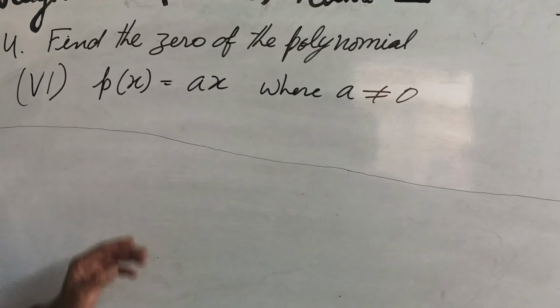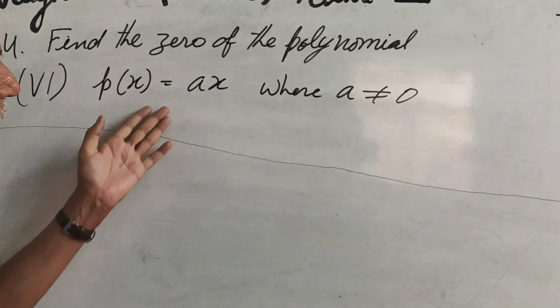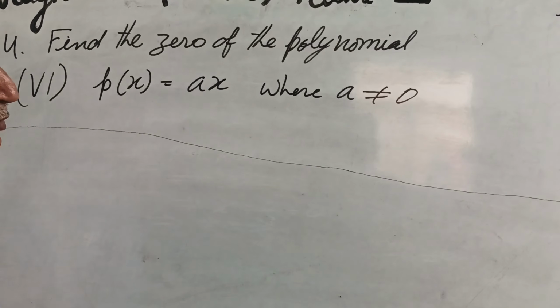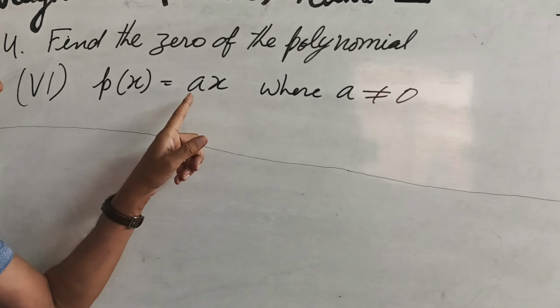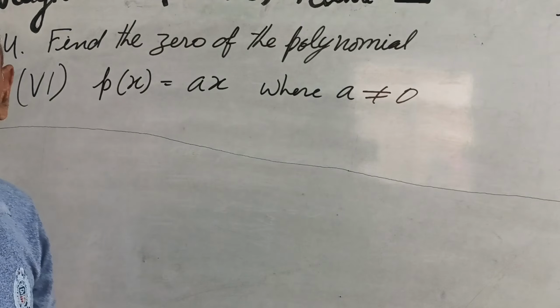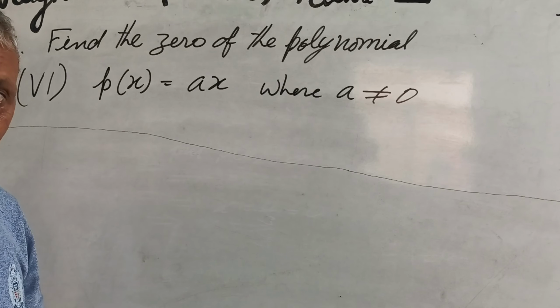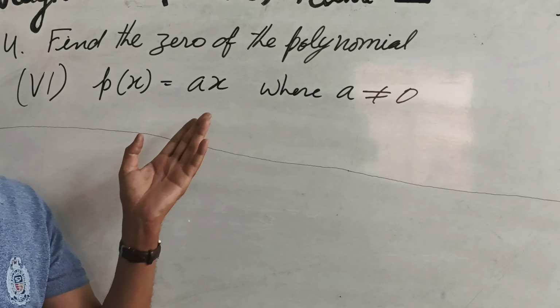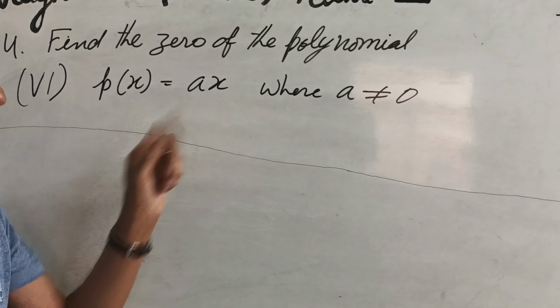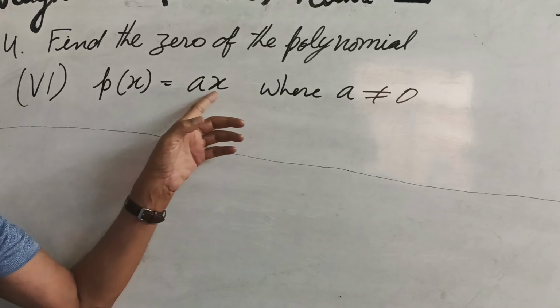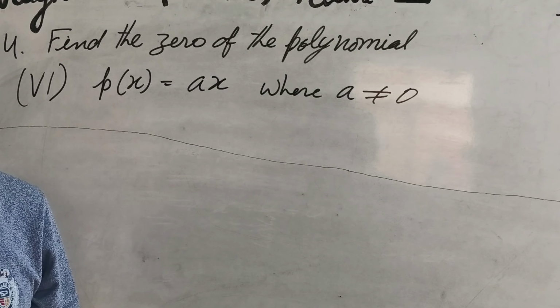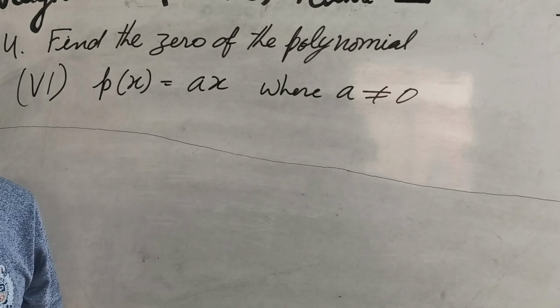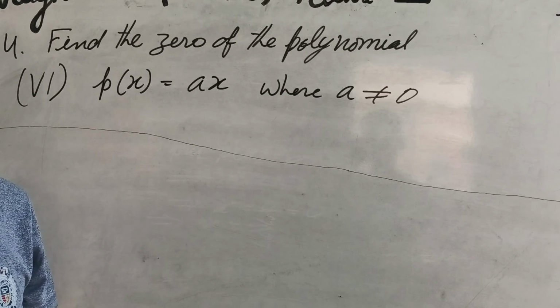See, this is given, and we have to find the 0 of this polynomial where a is not equal to 0. Okay, a is a real number, but it is not equal to 0. And of course it cannot be equal to 0, because if a is 0, then a into x becomes 0. Then it does not remain a polynomial, right?